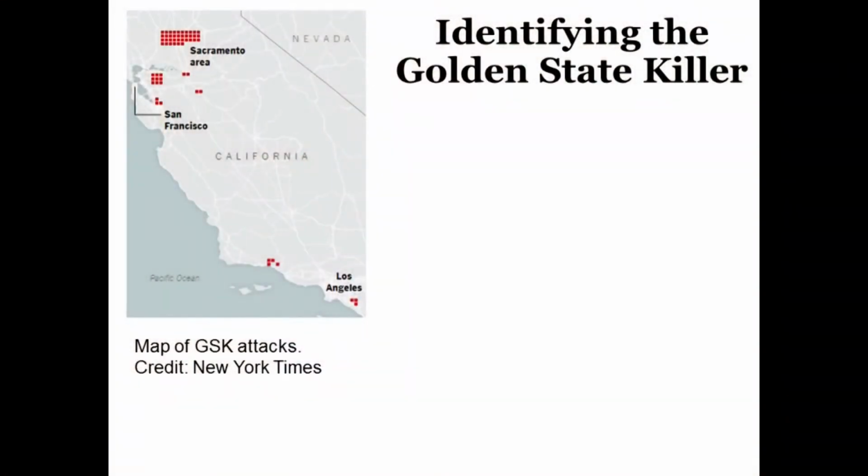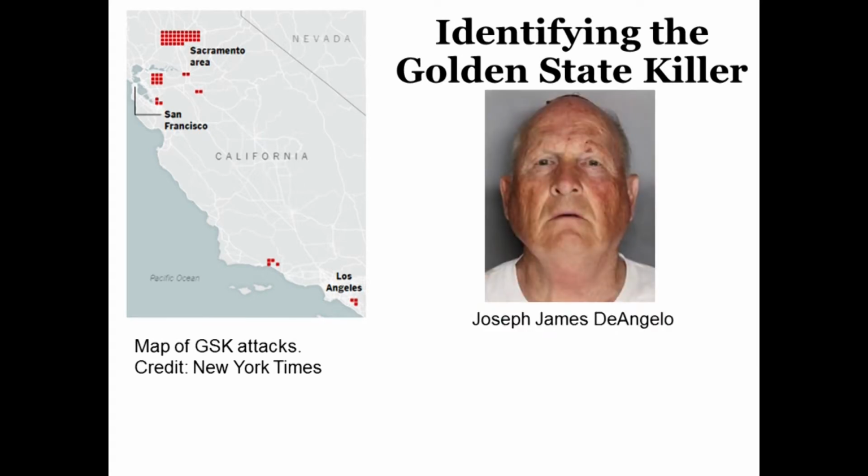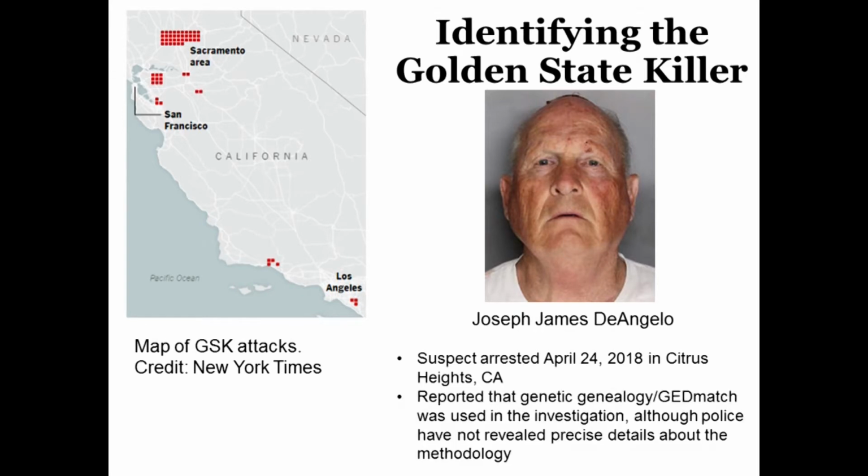So, the details surrounding the Golden State Killer case. The Golden State Killer committed a series of rapes in the late 70s in the Sacramento area, and then about a dozen murders are suspected in Southern California in the early and mid 80s. This man, Joseph James DeAngelo, was arrested in late April, the suspected Golden State Killer.